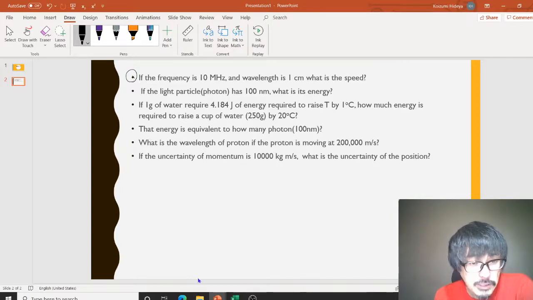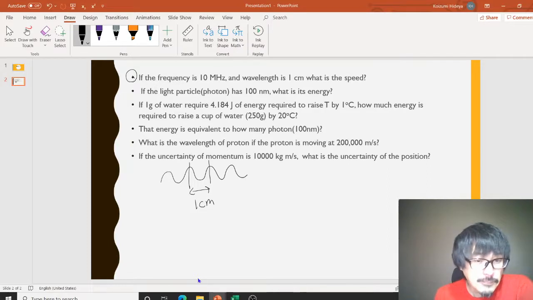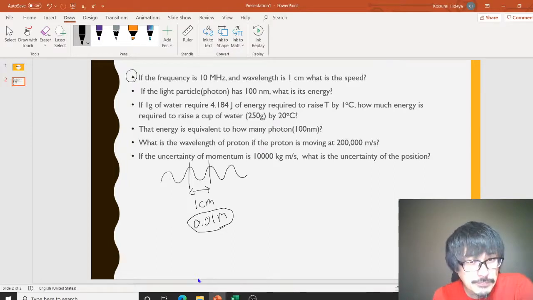What is the speed? So the wave always looks like this, right? And the wavelength is peak to peak, and that one right there is 1 centimeter, or 0.01 meter. I like to use SI units, so I'm going to stick with that one.